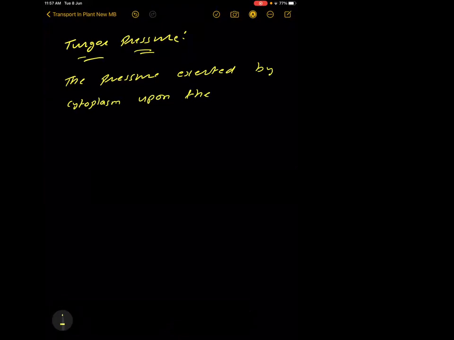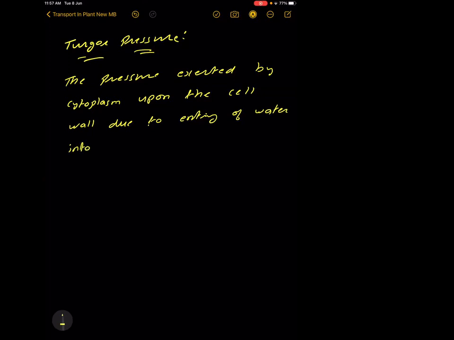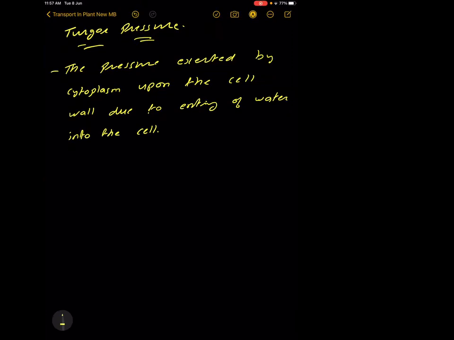Upon the cell wall, due to intake of water or entry of water into the cell, it is called turgor pressure.